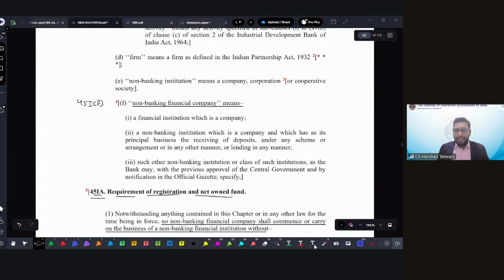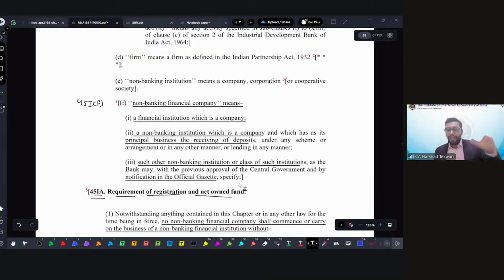What it says is that it means a financial institution which is a company, or a non-banking institution which is a company and which has as its principal business the receiving of deposits under any scheme or arrangement or in any other manner. Or such other non-banking institution or class of institution, with the prior approval of the central government as notified in the official gazette, meaning a special section where you specify this particular class of institution as an NBFC. Okay. So that is the non-banking financial company.